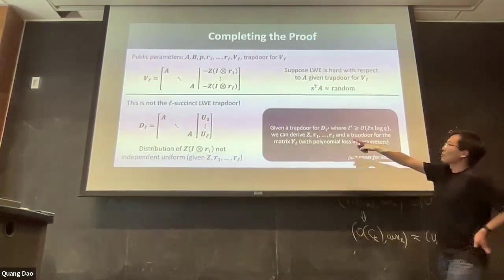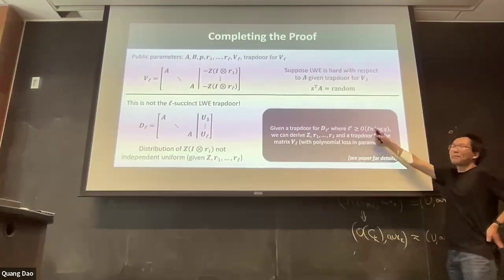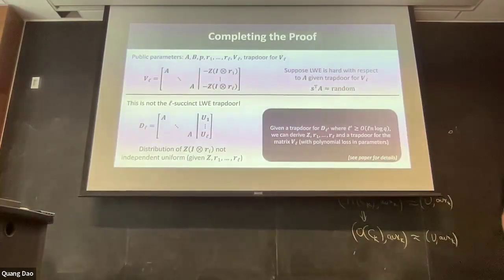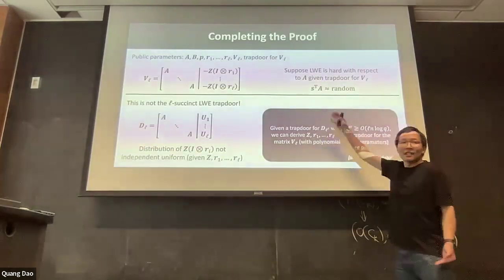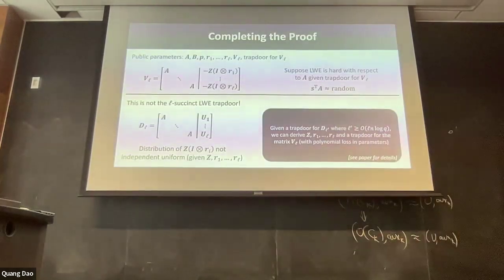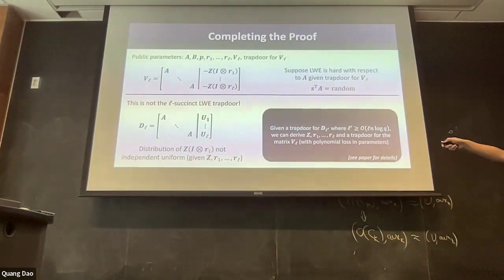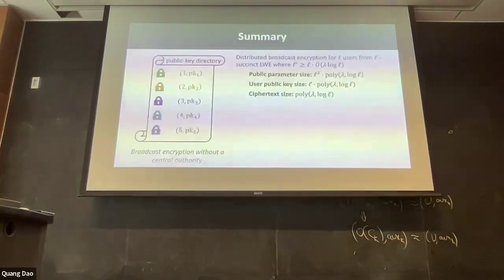Then we need to start with an L-succinct LWE trapdoor where L prime is bigger than L times some poly, so L times M. I'll refer to the paper for that. But essentially, if you write out what the pre-images look like for these two trapdoors, they're very closely related. Essentially, you can view that this is actually like the transpose. Yeah, I'm happy to discuss that more.